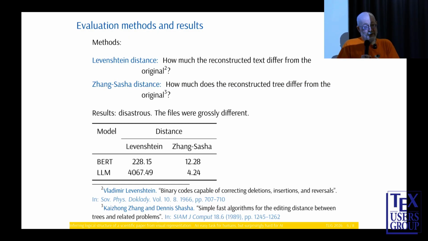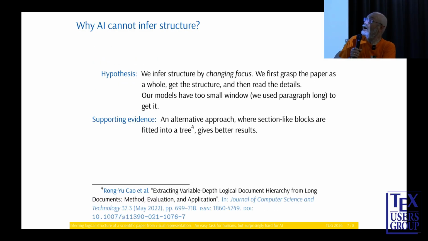Okay, because we are scientists, our next question is why? What happens? Why are people so good at this and why are machines not so good? And here is our hypothesis. How do we do structure? The idea is that when you think about structure, you first look at the document as a whole. You don't read it.